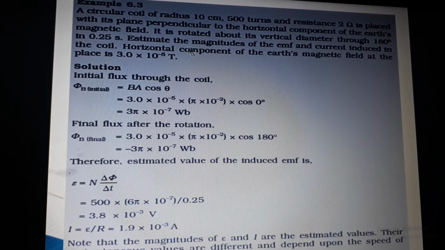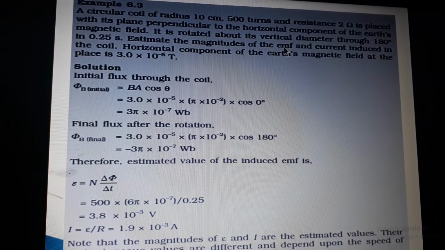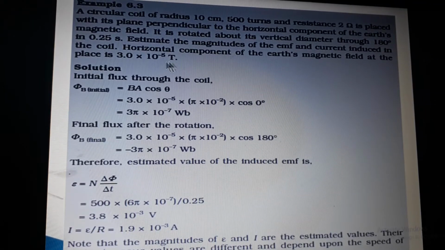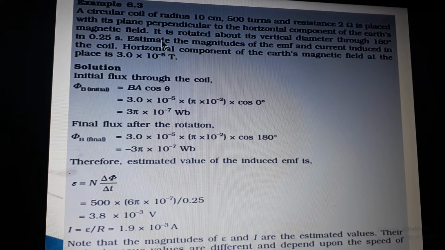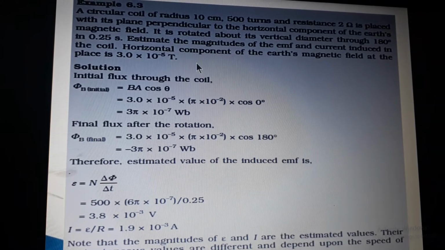Estimate the magnitude of EMF E, and the current I induced in the coil. In this example, the horizontal component of the Earth's magnetic field at the place is 3 into 10 raised to minus 5 Tesla, so B is already given.